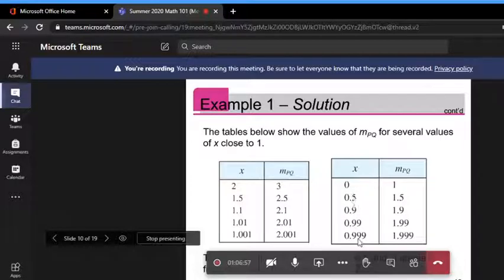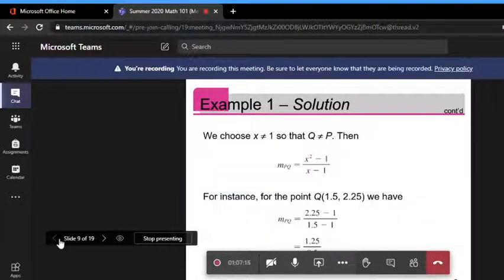We can do this on the left side of P as well. So let's get close to the point 1 with 0, 0.5, 0.9, 0.99, 0.999. And then we calculate the slope. How would you calculate the slope? Let me show you the formula. You know that. If you know 2 points, if you know Q (1.5, 2.5) and you know P(1,1), you can find the slope between 2 points as this minus 1 over this minus 1.